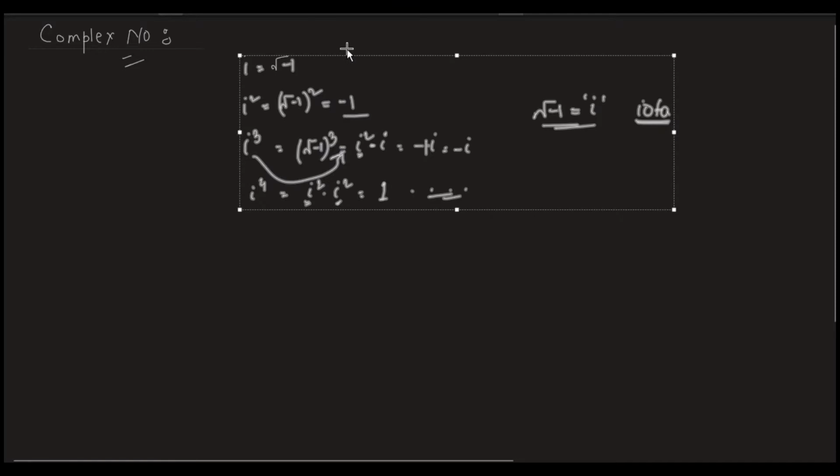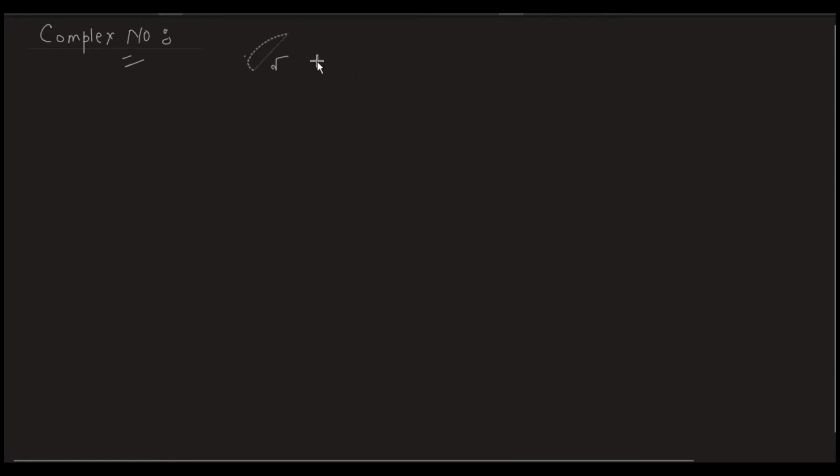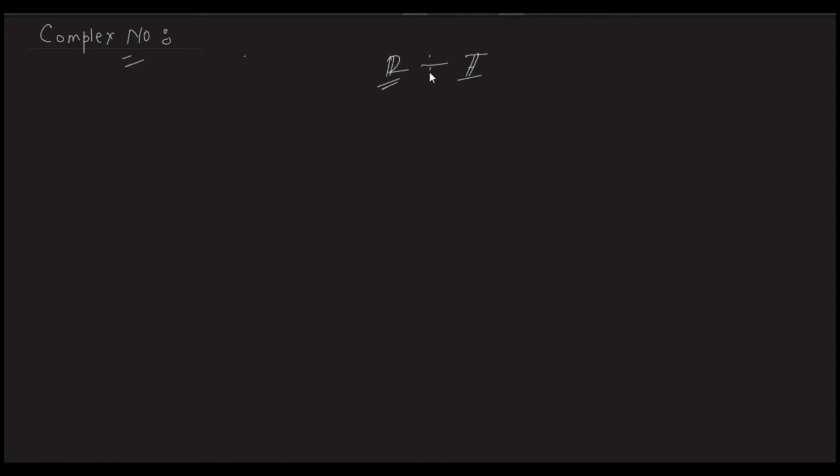So basically, what are complex numbers? A complex number is a combination of real number and imaginary number, and a complex number is of the form a plus ib, where a and b both are real numbers.